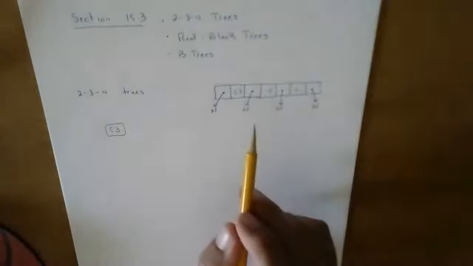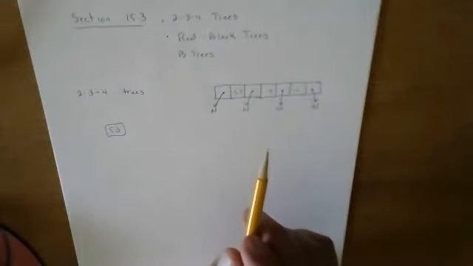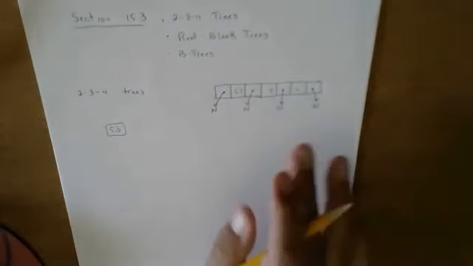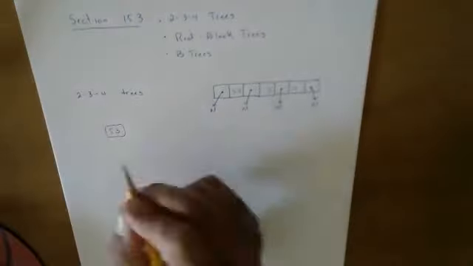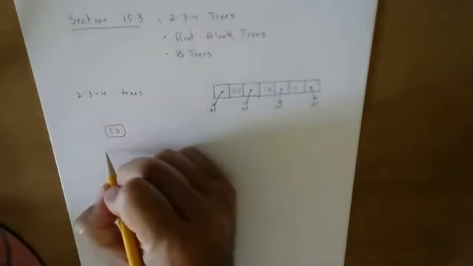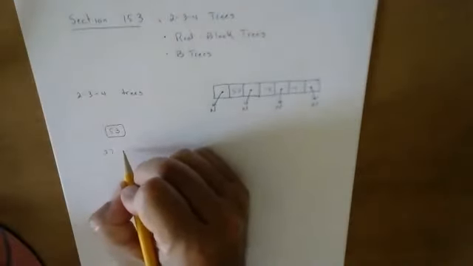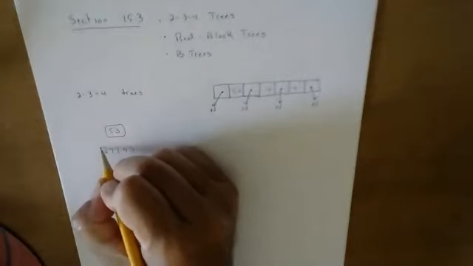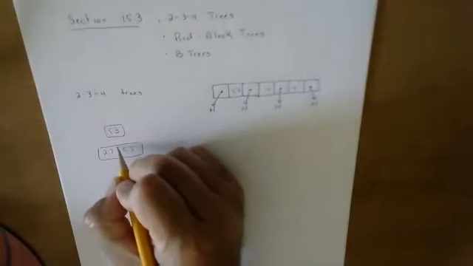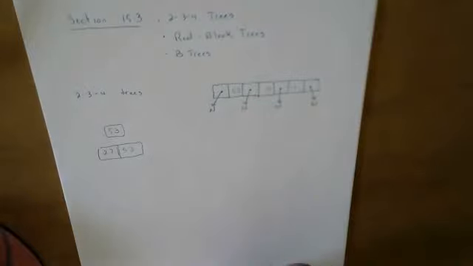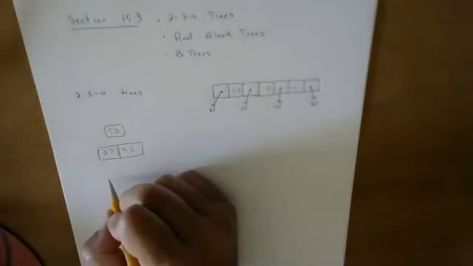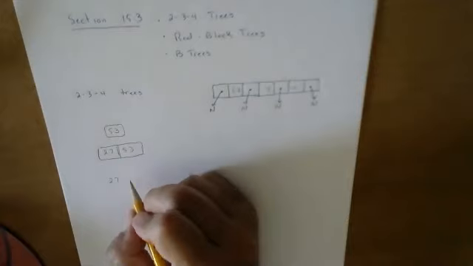All right, so the next item I want to add to this is going to be the number 27. So there's room, so I'm going to add it. And when I add it, I'm going to add the 27 to the left of 53 to keep things in order as far as searching goes. Next number I'd like to add is 75.